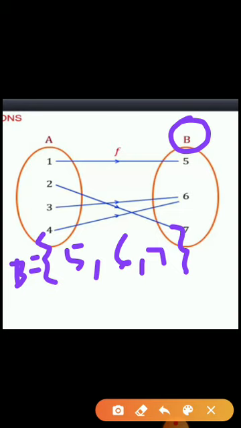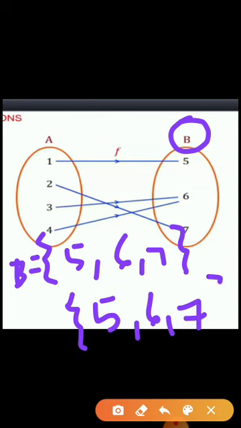Range is nothing but the set of all images. Okay, so the set of all images is what? Again 5, 6 and 7 itself. So whether my codomain and set of images are equal? Yes, and hence we can say that the function is an onto function.